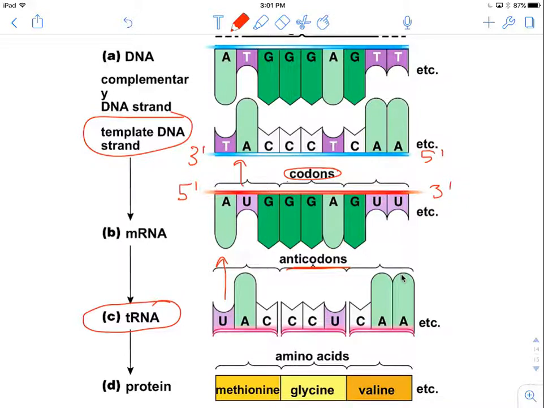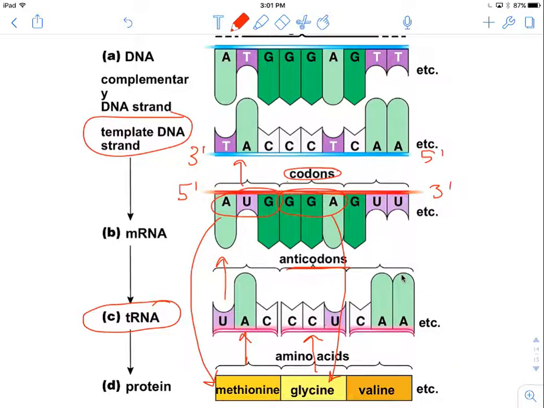And then this AUG, as we know, is the start codon. It codes for methionine. So the methionine would be attached to the tRNA carrying this anticodon. GGA codes for glycine. So glycine is attached to a tRNA carrying the anticodon CCU, and so on down the line.